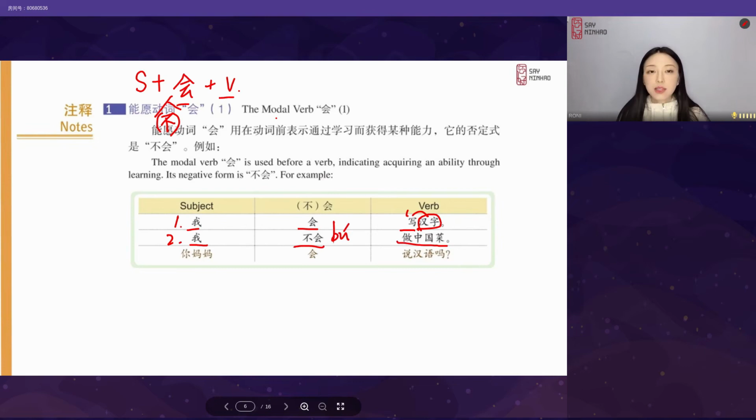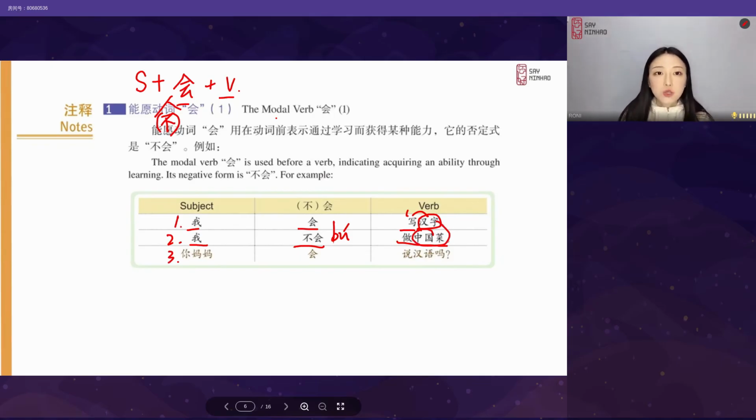And 做中国菜, 做 means make something, 做菜 cook, and 做中国菜 to cook Chinese dish. I cannot cook Chinese dish. 我不会做中国菜.